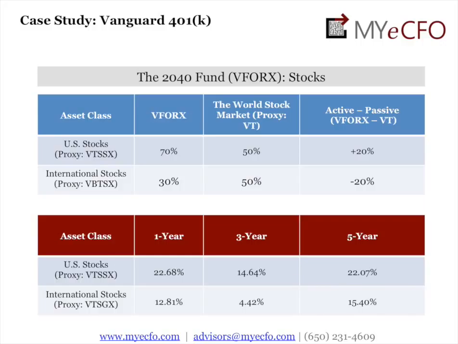And so the 2040 fund, at least the stock portion of the 2040 fund, outperformed. And if you want to answer the question, did my 2040 fund do well? The answer is yes. Not because it returned 17%, as I showed earlier, but because it beat its benchmark, which on the stock portion is the world stock market.